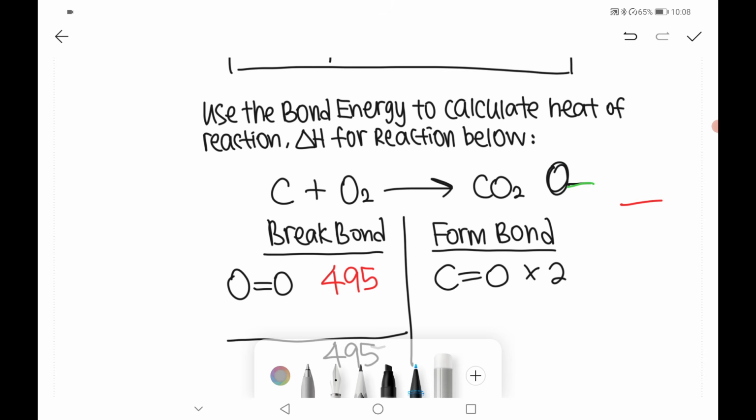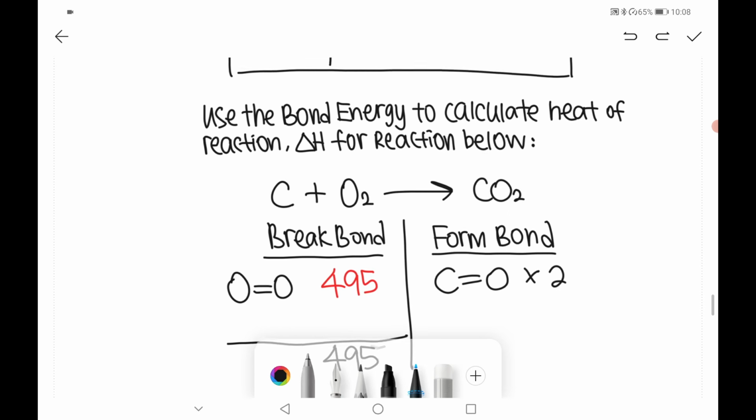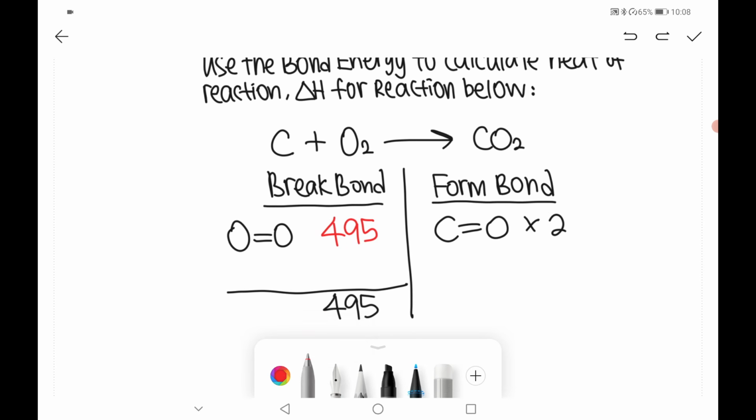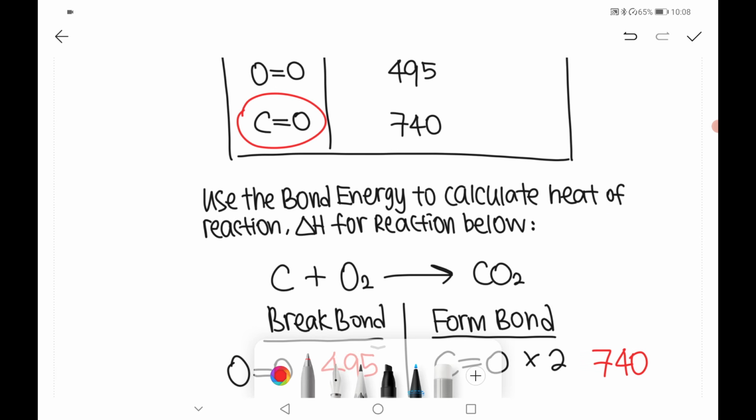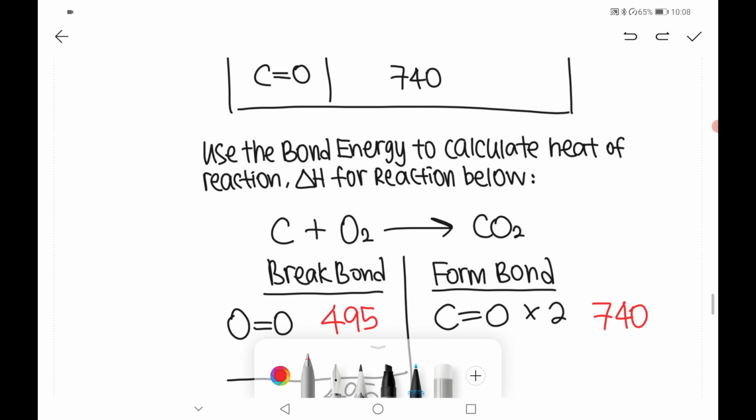What is the value here? C double bond O is 740. So 740 is for one C double bond O, but we have two, because in CO2, one of the O is bonded here, and another O is bonded here.